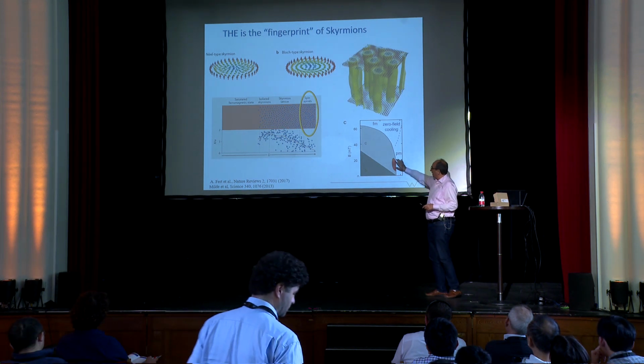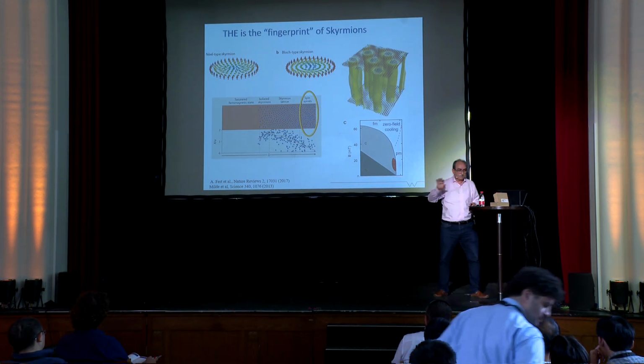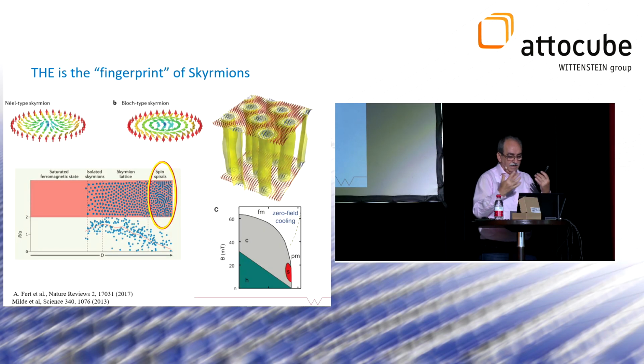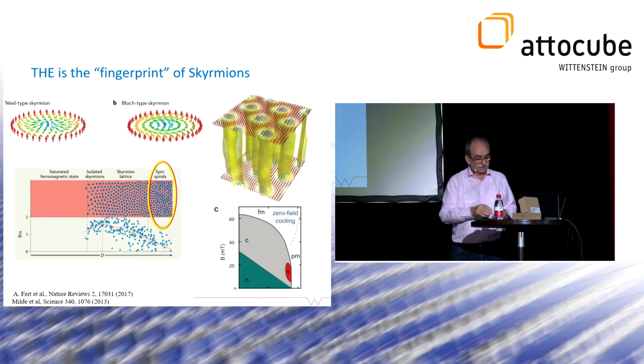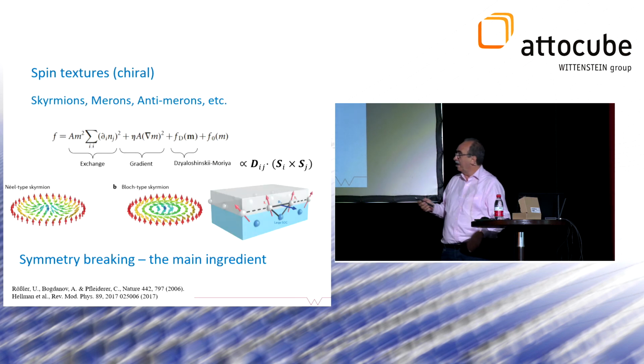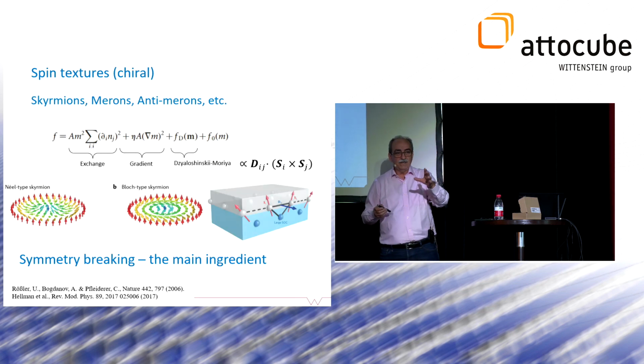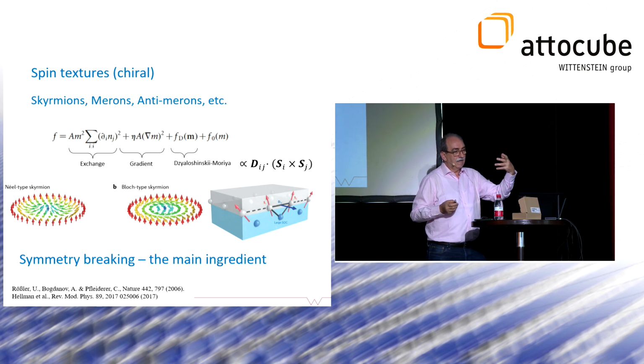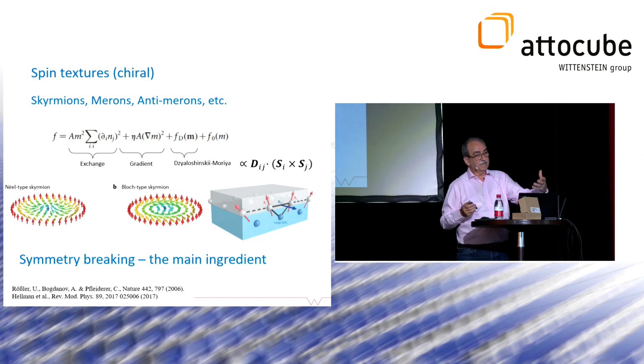This skyrmionic pocket usually exists nearby a phase transition where the magnetic moment is much softer, and actually the main ingredient in generating those skyrmions is breaking the symmetry.